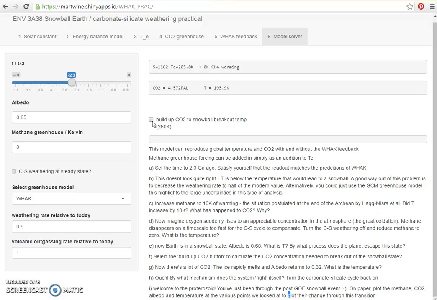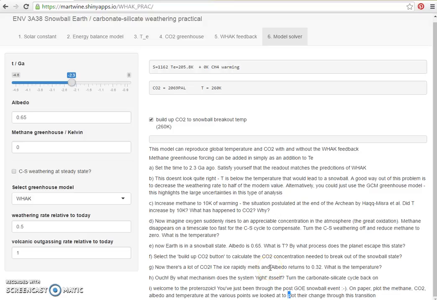It increases CO2 until it hits a temperature of 260K effectively. Temperature's gone up to 260K at the albedo given. We've got 2069 times the pre-industrial level of CO2 required to get to that threshold at which you start melting at the equator, and therefore you can have runaway feedback to rapidly melt the ice.